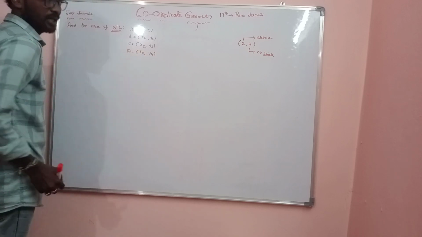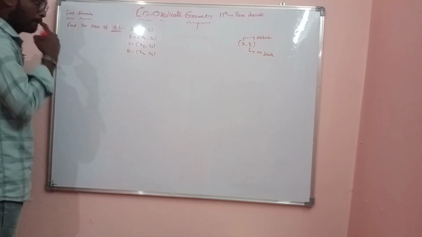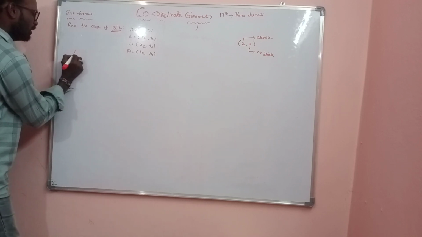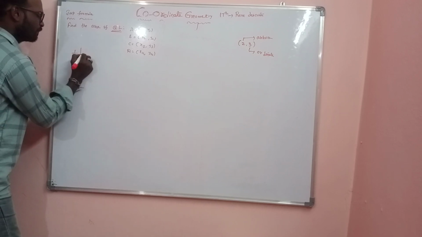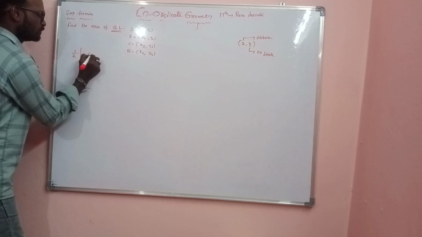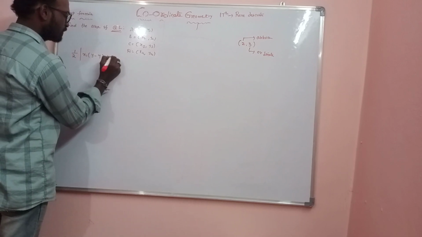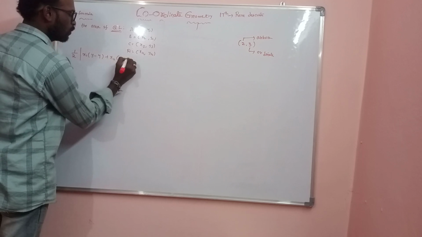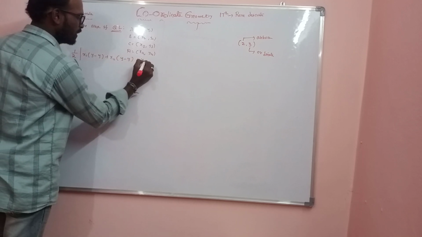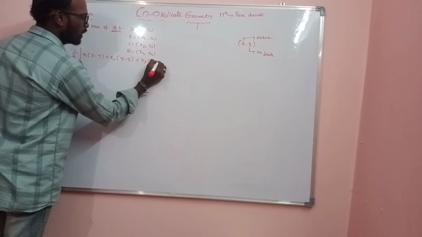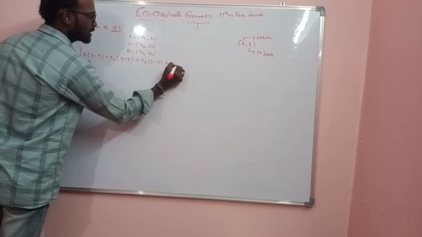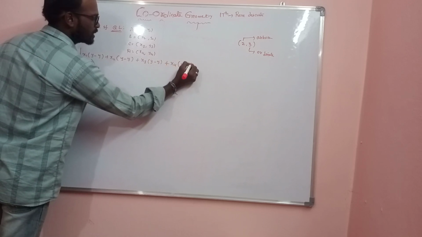You can use the shortcut formula: 1/2 |x1 (y minus y) plus x2 (y minus y) plus x3 (y minus y) plus x4 (y minus y)|.